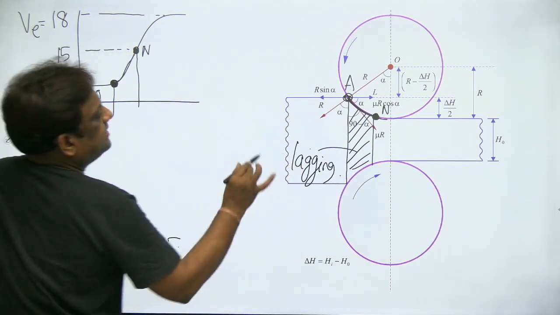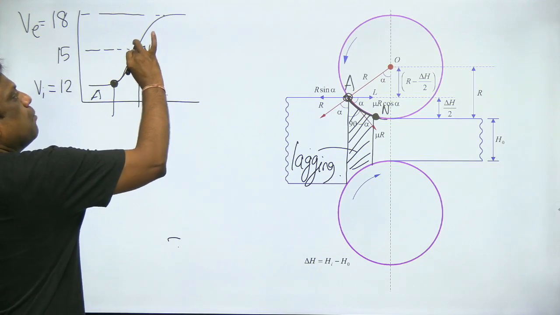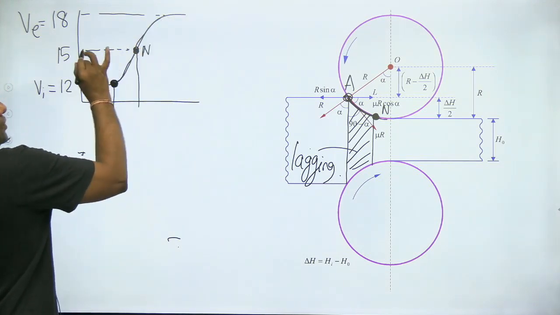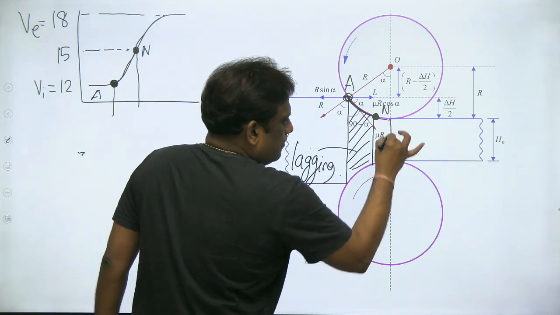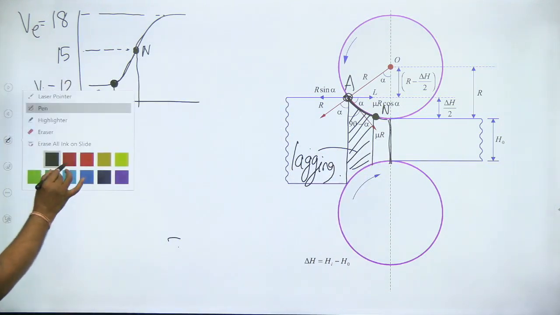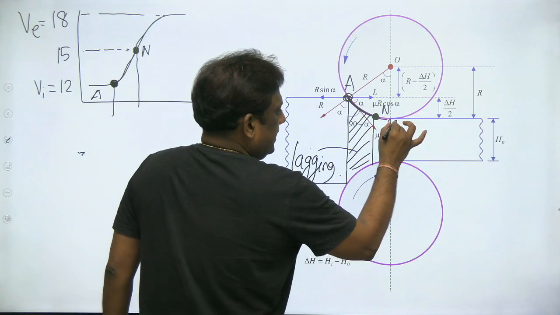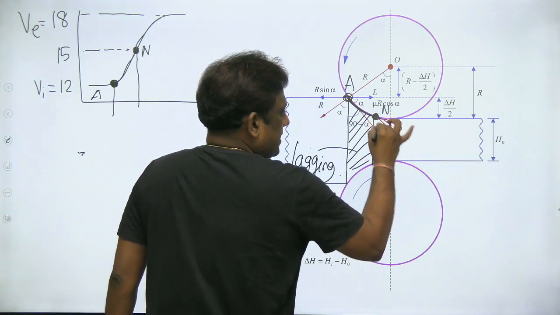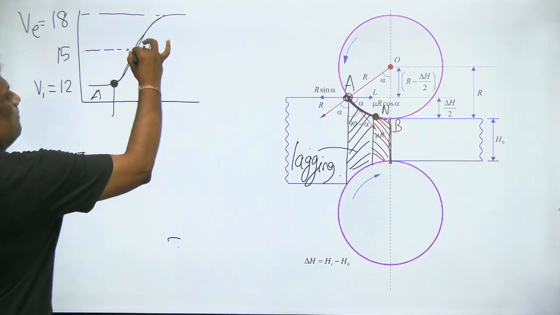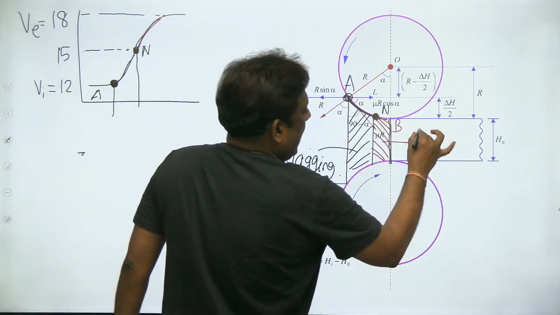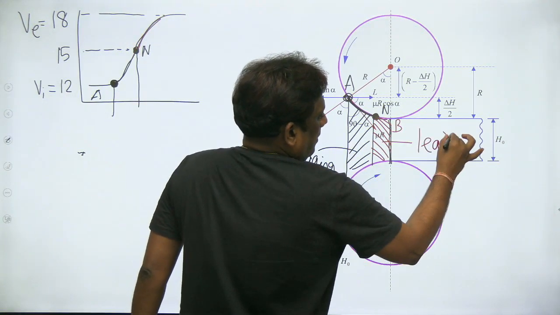Once it reaches N, it is more than my roller velocity, so it is leading. From the neutral plane to the exit, let us say exit as B, my component velocity is increasing. This is known as the leading zone.